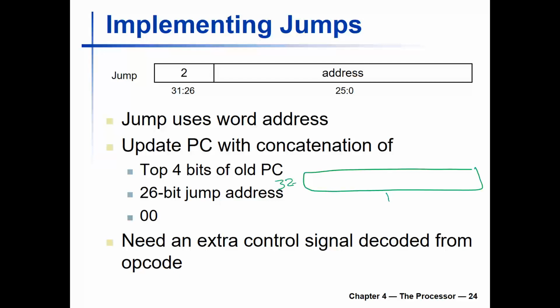How do we compose this? The least significant 2 bits are zeros, because we are converting words to bytes. And I take 26 bits from the instruction. And then the upper 4 bits are from the current PC value. So these are 4 bits plus 26, that's 30, plus 2 bits, that's 32 bits. That's how I compose the address of the jump instruction.